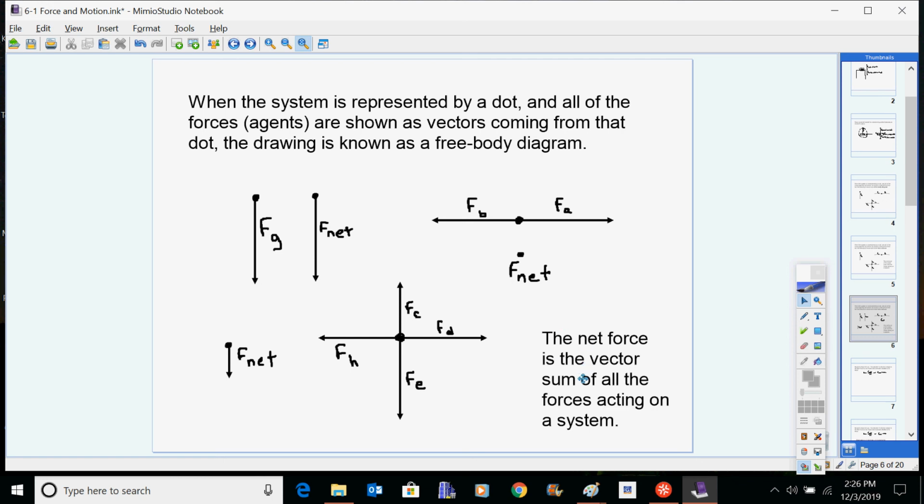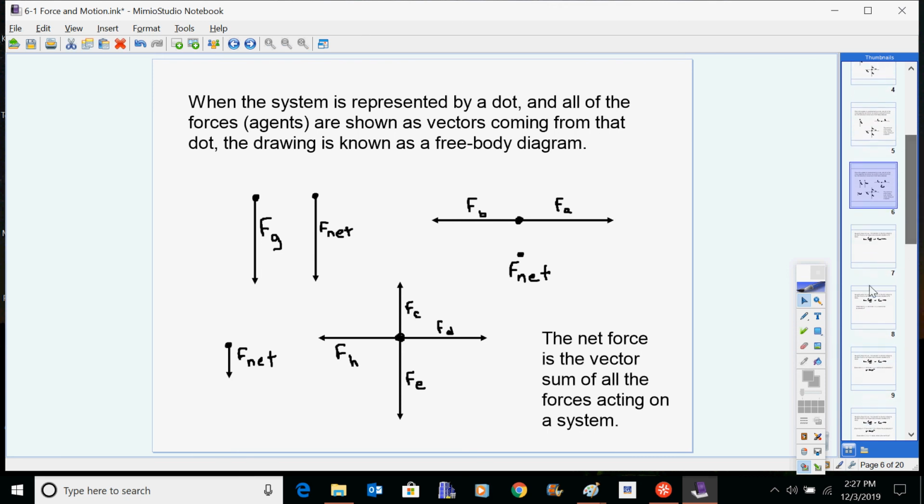So our net force is the vector sum of all the forces acting on the system. If there's only one force, there's nothing against it, and otherwise you've got the up versus the down, like that. Okay.